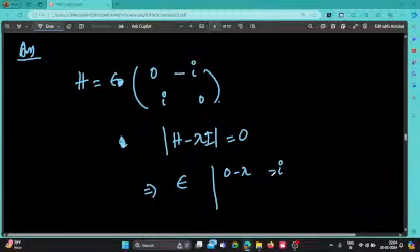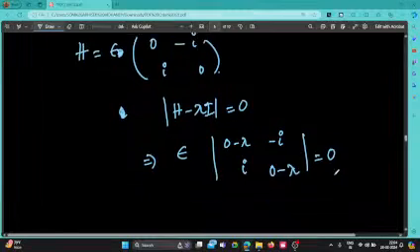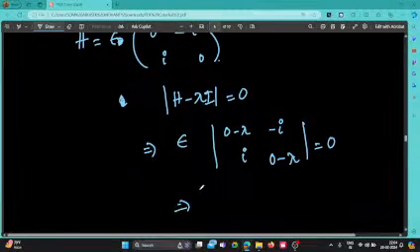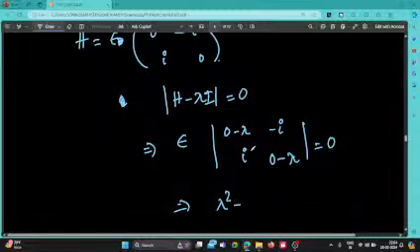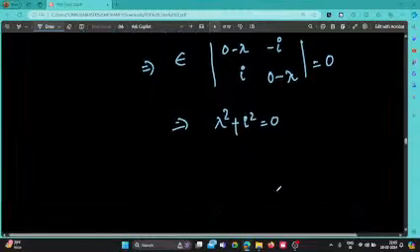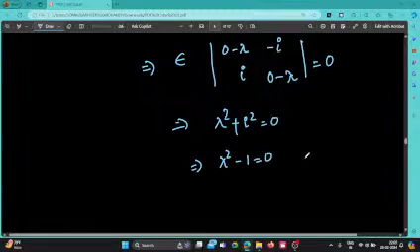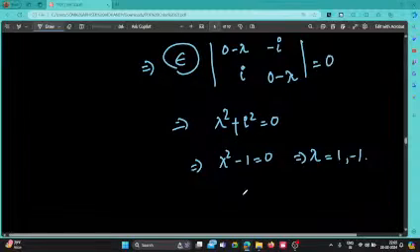Minus lambda squared plus i squared equals 0, so lambda squared minus 1 equals 0, and lambda is plus or minus 1. So the two eigenvalues are epsilon and minus epsilon.